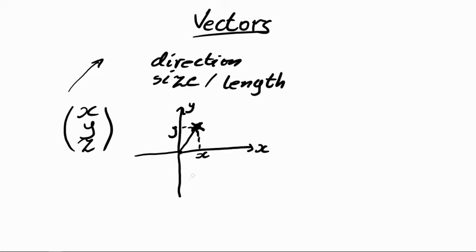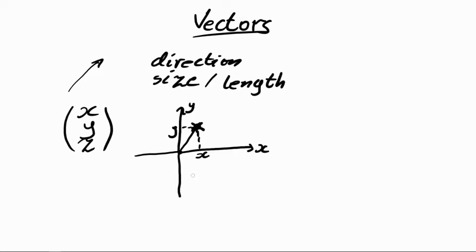That is where the x, y, and z that we store comes from. You have to imagine this being not flat but in 3D, and we mark along a third line as well. We will get back to the idea of direction, size, and all of that a bit later, but for the moment we can think of it as just this list of numbers.